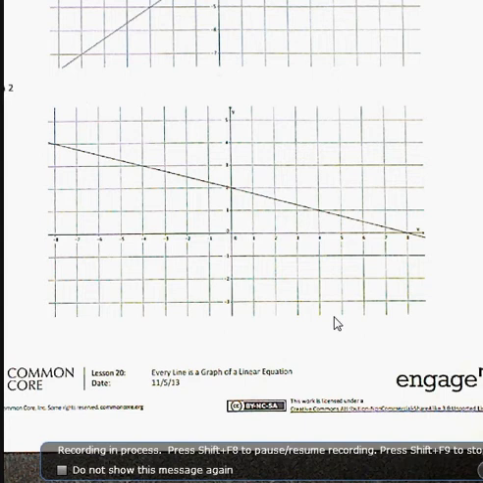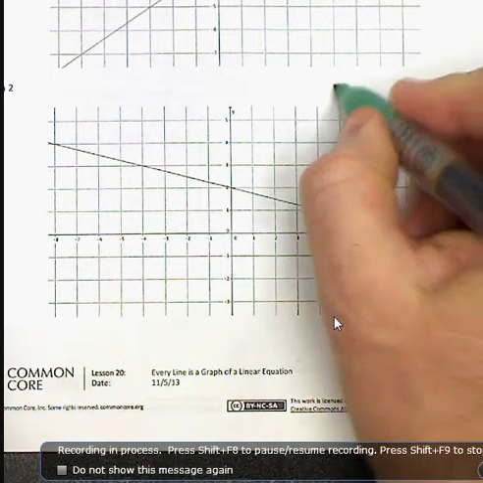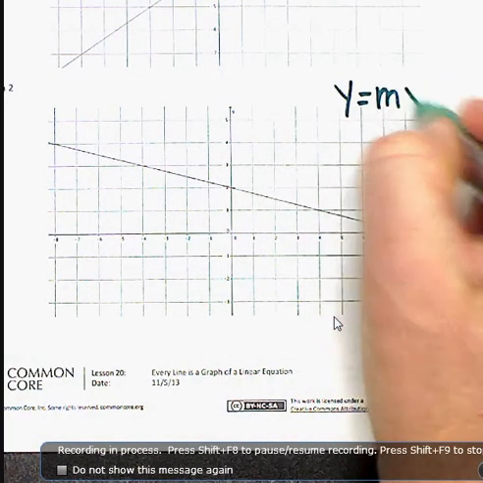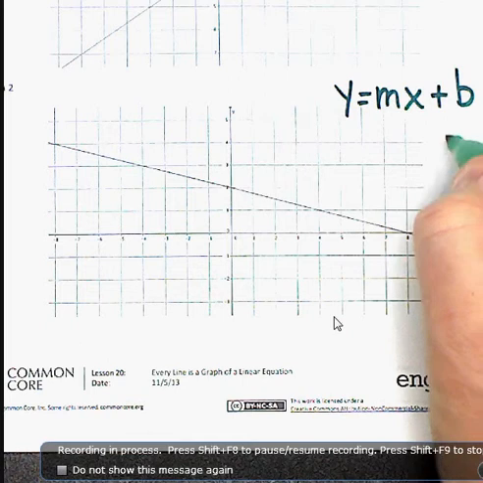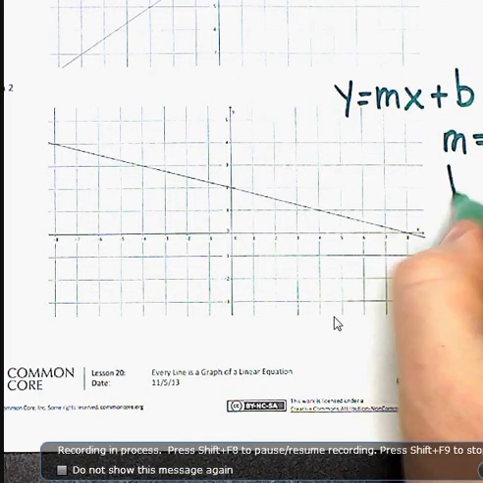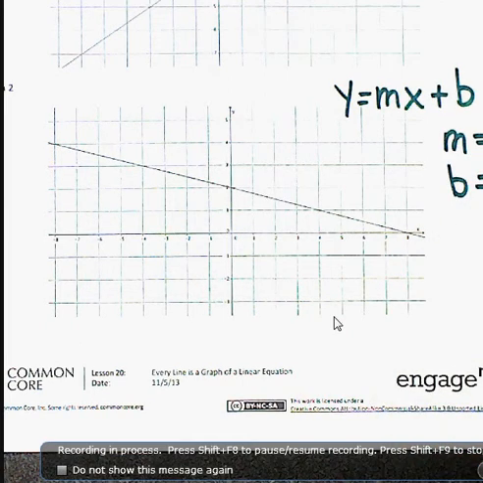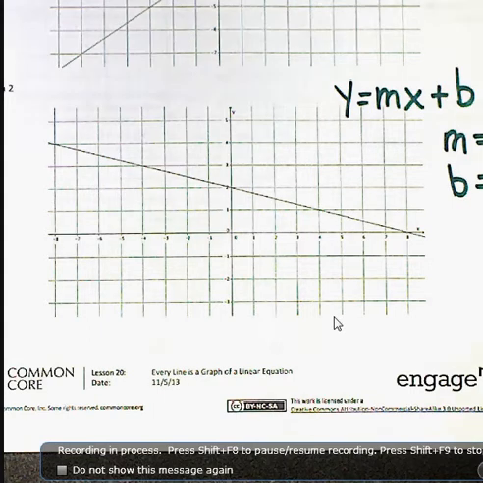Now remember what you're doing. Pick 2 points. Here's your starting block: y equals mx plus b. I need to find out what m is, and we need to find out what b is. Pick 2 points that you can definitely determine are on a corner of a box. Then find out what the m is, and then find out what the b is.